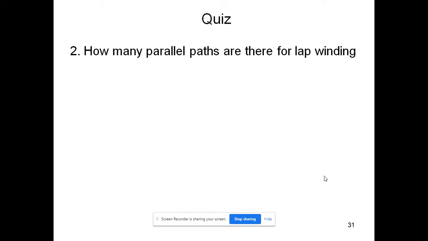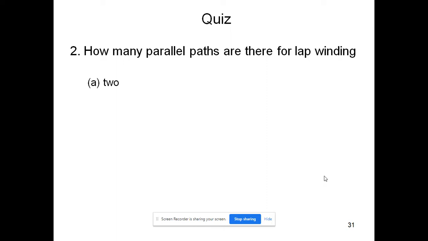The second one is, how many parallel paths are there in a lap winding? We have discussed this point in the EMF equation and also in the comparison between the wave winding and lap winding. So come on, what is the answer?